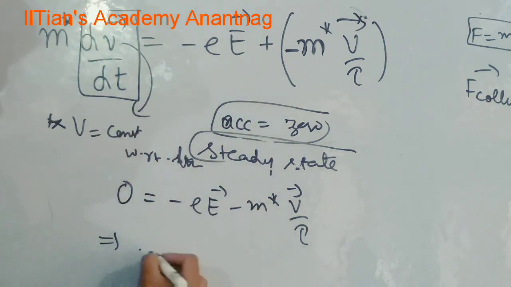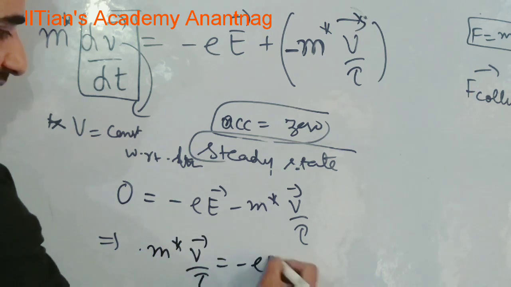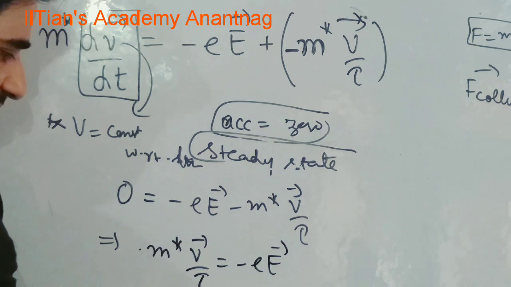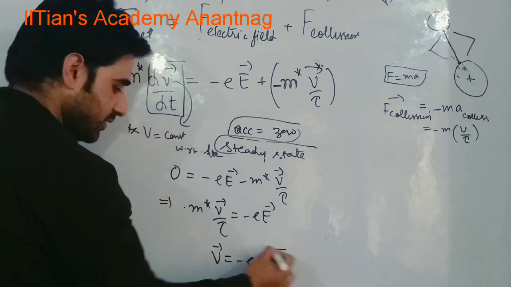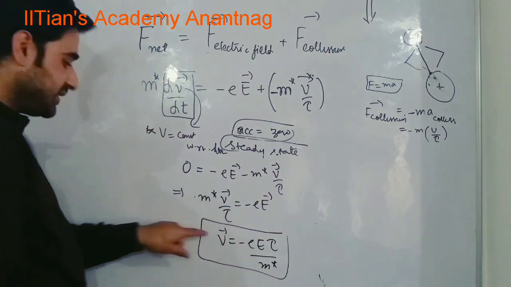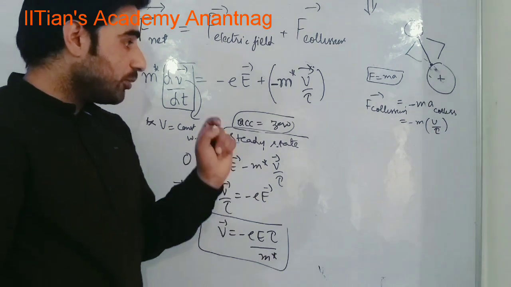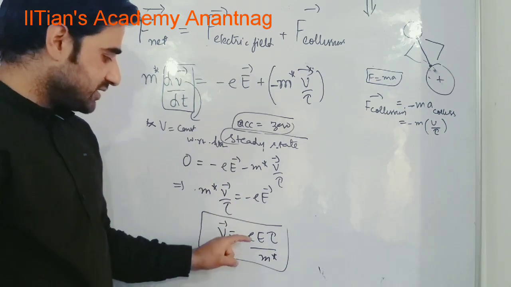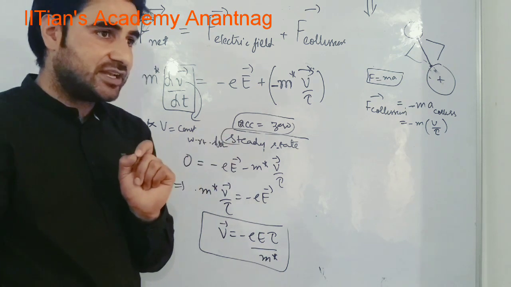Now if I rewrite it, V by tau is equal to minus eE, or V is equal to minus eE tau by m star. So I can see this is the expression for terminal velocity, the constant velocity obtained by the electron in presence of an electric field in a steady state where net acceleration of the electron is zero.